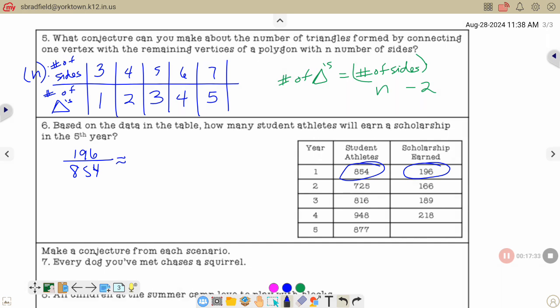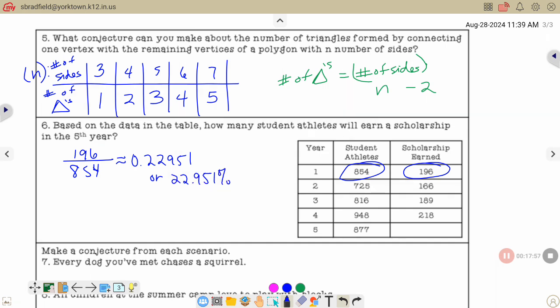We'll get our handy dandy calculators out, and I'm going to take 196 divided by 854. I'm going to go out a bunch of decimal places. It's about 0.22951 or 22.951%.